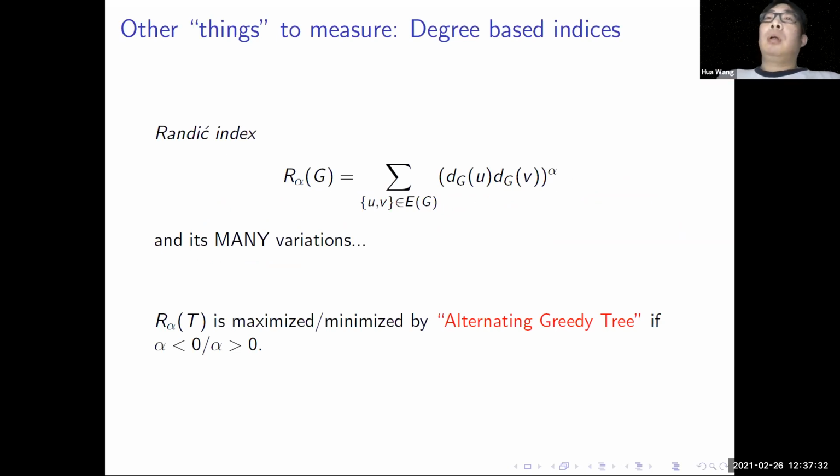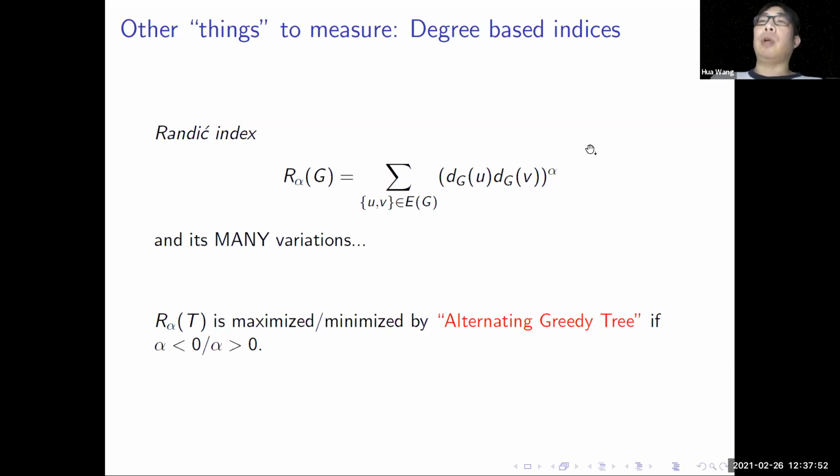Another graph invariant that's also maximized or minimized by a similar structure, where you have to alternate the large degree and minimum degree, is the so-called Randić index. The name once again comes from chemical graph theory applications.